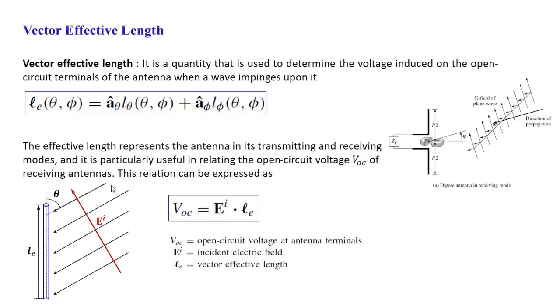This induced voltage at the open circuit terminals of the antenna is given by multiplying the effective length of the antenna with the electric field. So it is given as VOC equal to E into the vector effective length of the antenna. From here the effective length of the antenna can be calculated as the open circuit voltage at antenna terminals divided by the incident electric field.